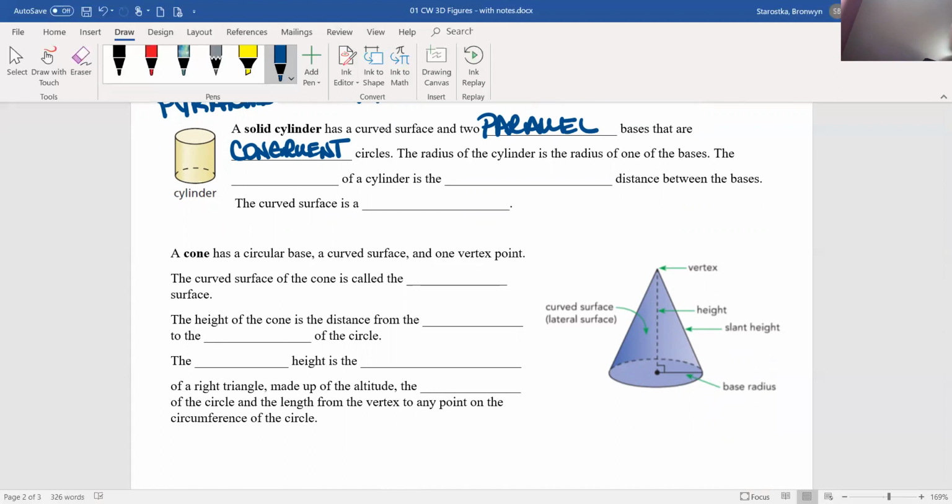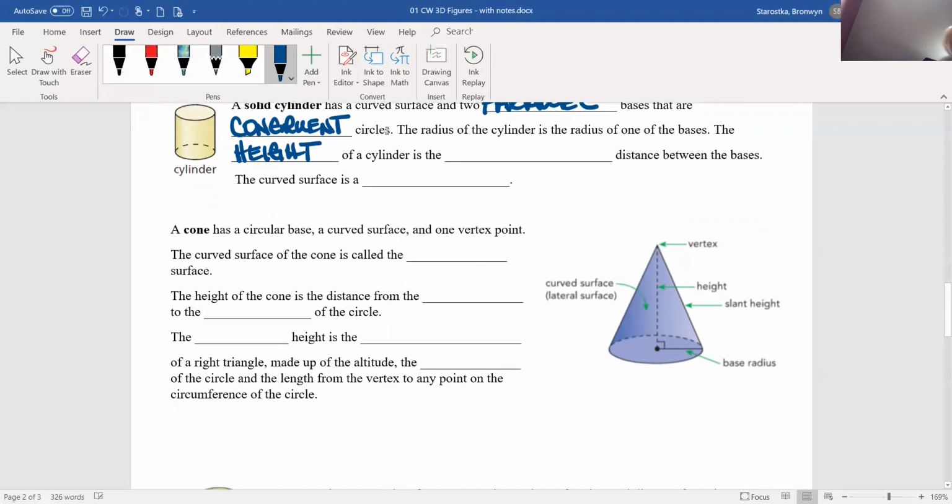The height of the cylinder is the perpendicular distance between the bases. This is important too. The curved surface, sometimes we'll call it the lateral surface area, is a rectangle.